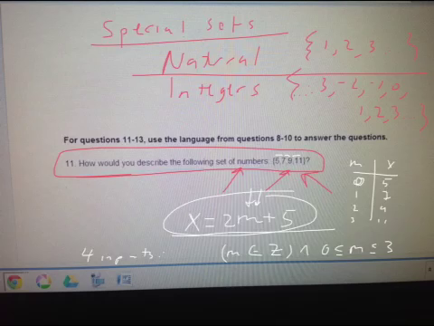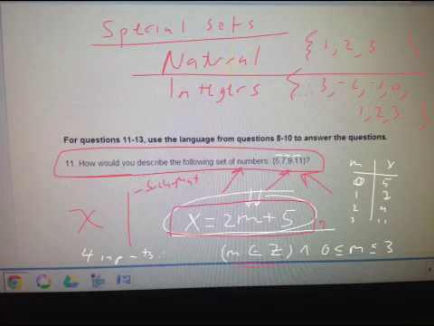So just to say that again, it's a set made up of all x values such that, and this straight line means such that, x can be found using this equation, x equals 2m plus 5, where m is an element of all the integers and m is between 0 and 3 including.